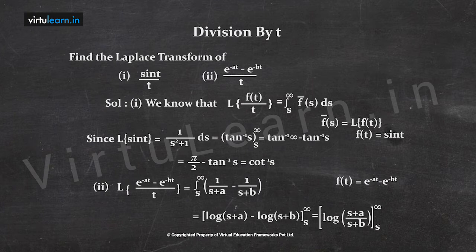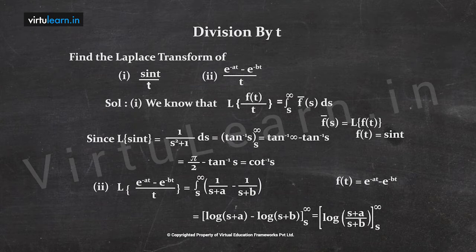Here f of t equals e power minus at minus e power minus bt. Applying the Laplace transform, e power minus at gives 1 by s plus a, and minus e power minus bt gives 1 by s plus b.